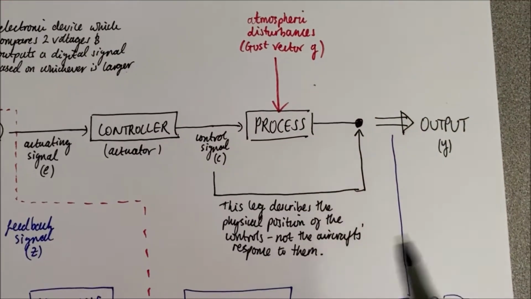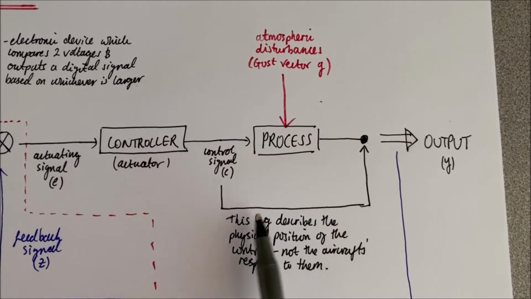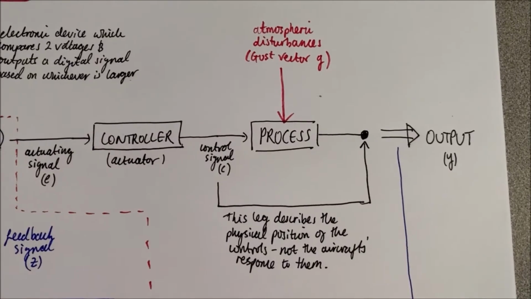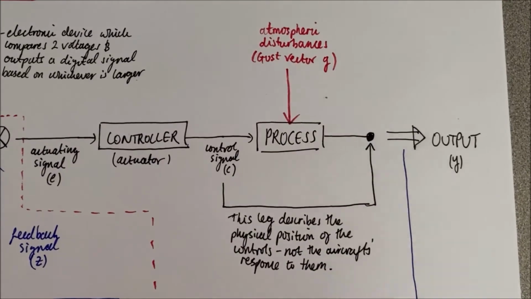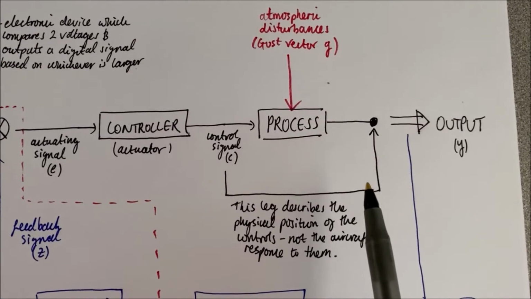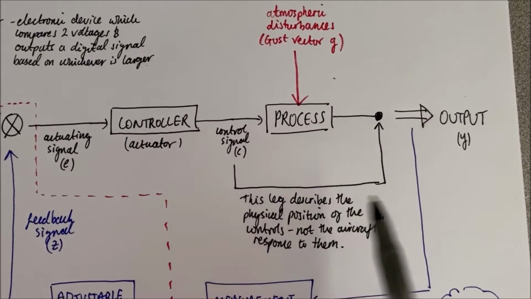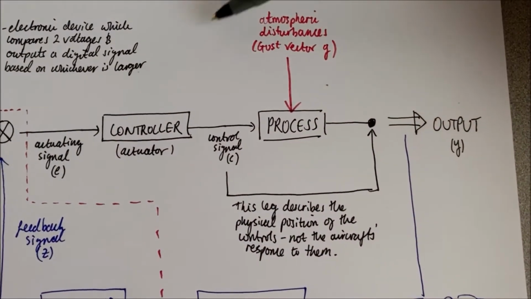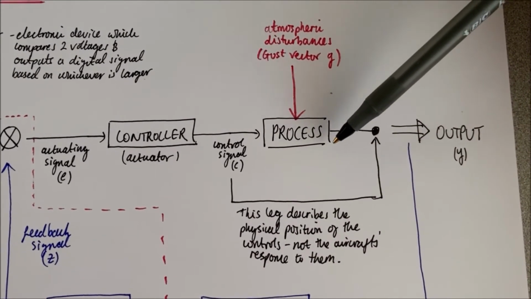The only other thing that's connected to that is this leg here, which tells us where our control surfaces now are in relation to the 0 position, let's say. So if we've made a control input that's, for example, deflected one of our control surfaces to its maximum, then of course that needs to be fed back over here, because now we don't have any more deflection in that particular direction, and so that's not necessarily affecting the aircraft response to that control input.